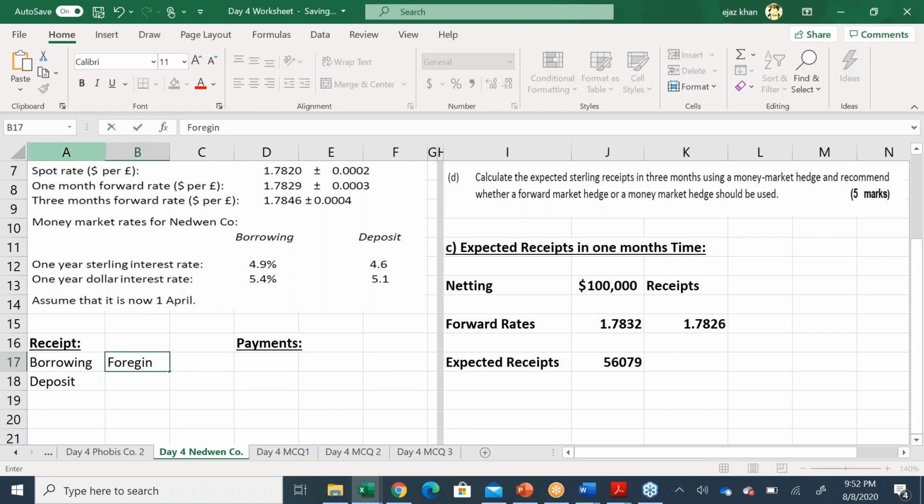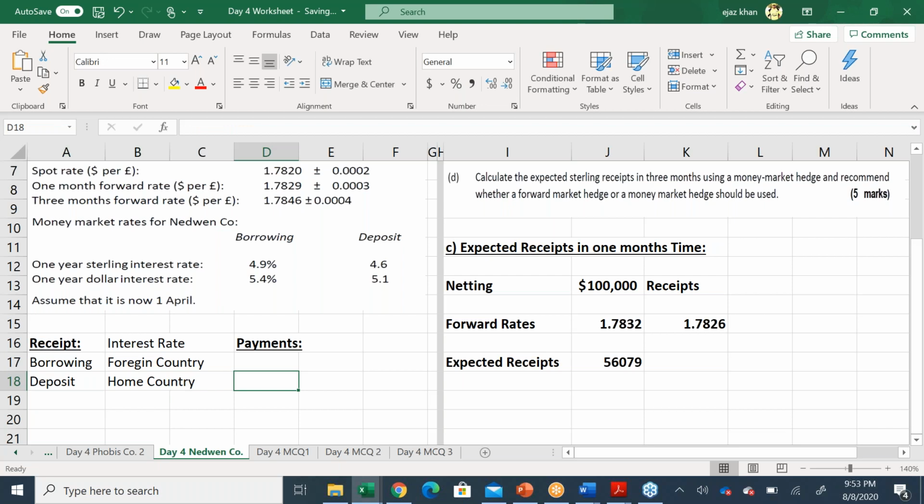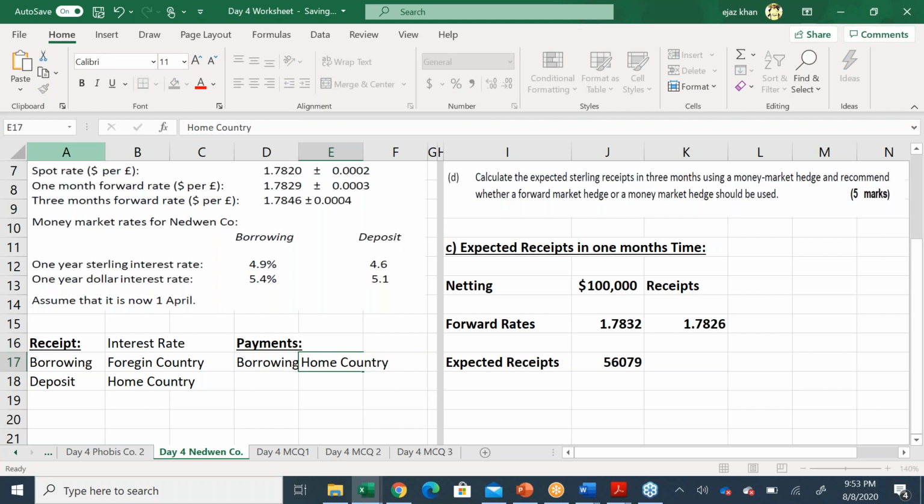You have to pick the foreign currency interest rate, and the deposit rate should be of home country, and it will be vice versa in this case. Borrowing rate should be of the home country, and deposit rate should be of the foreign country.